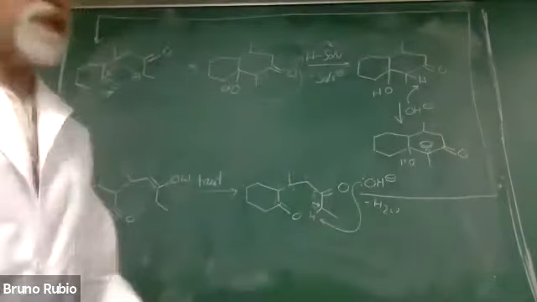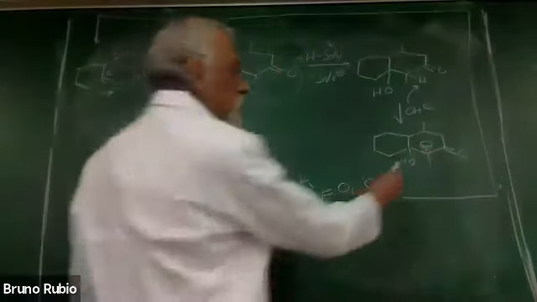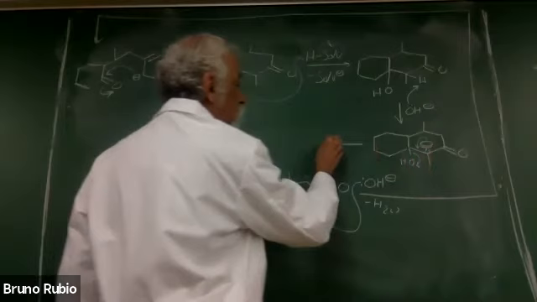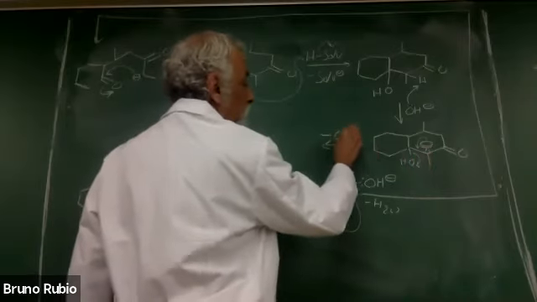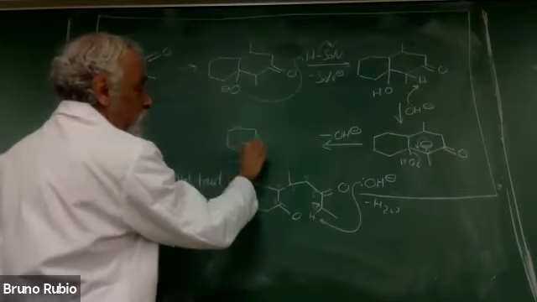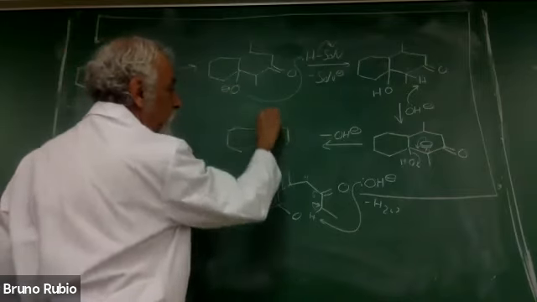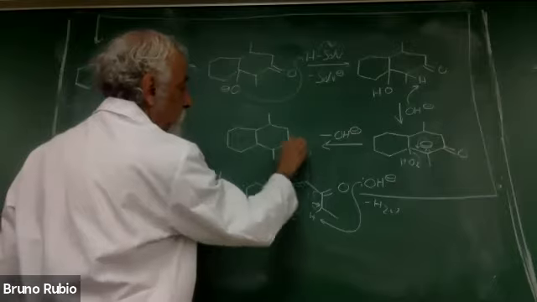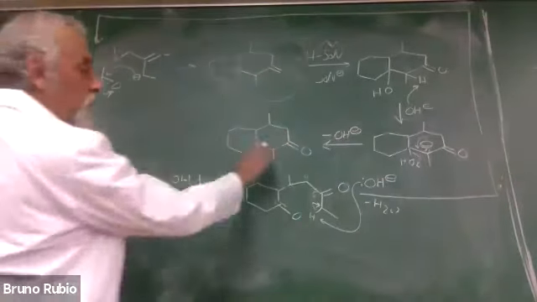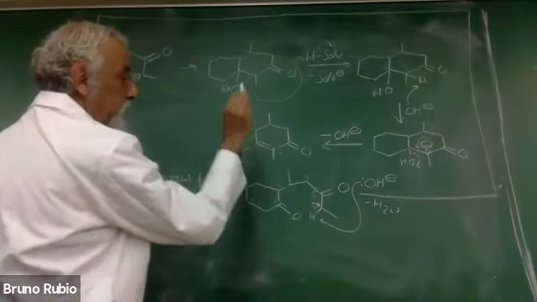And now it's time for the dehydration. These electrons come in here, kick out OH minus. And that brings our mechanism to a close with the production of this alpha beta unsaturated carbonyl.